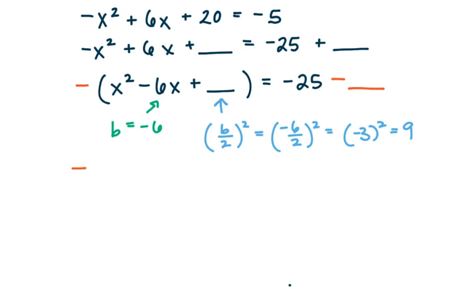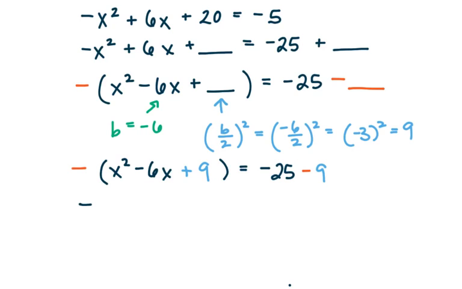So now what this looks like is negative x squared minus 6x. I'm going to add 9 to the left. And of course, when I added that 9 to the left, I'm also going to add that 9 to the right. But how many of those 9s am I adding? I'm adding negative 1 of those 9s. So that's essentially subtracting that 9.